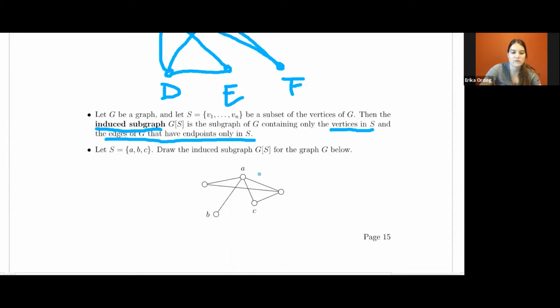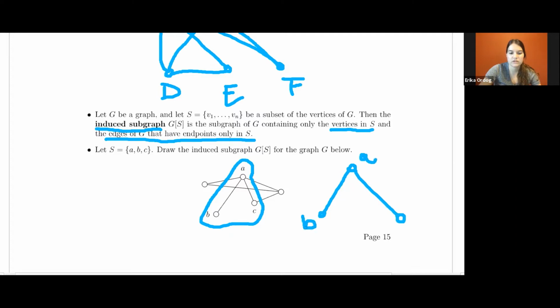We want the vertices in S, so A, B, and C, and we want the edges of this graph that have endpoints only in S. That will be this part of the graph right here, and it looks like this. We can draw it to the side. So we have only the vertices A, B, and C, and only the edges that contain these vertices as endpoints.